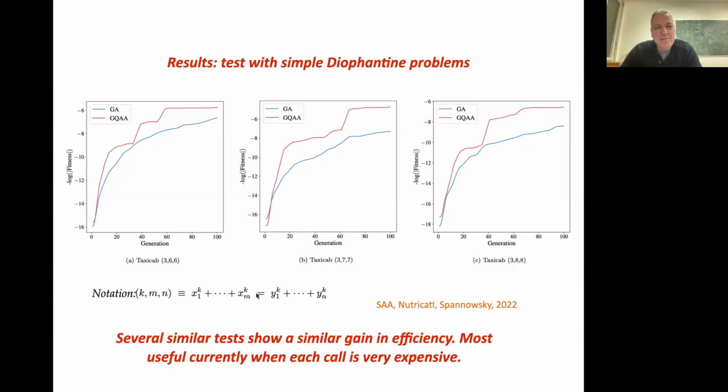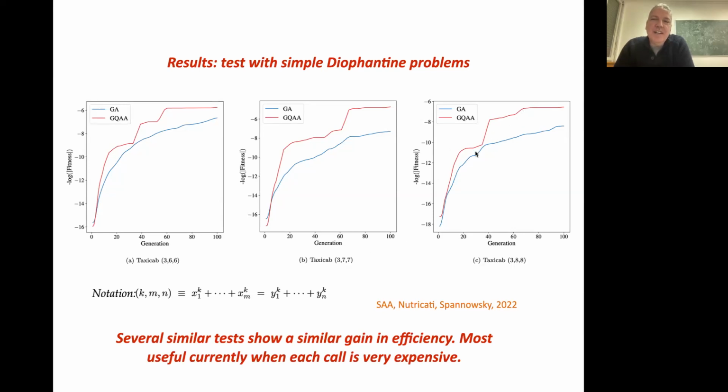So it's a sum of 8 different cubes: x1 cubed plus x2 cubed plus and so on up to x8 cubed is equal to y1 cubed plus up to y8 cubed, where the xs and the ys are not the same. This is the problem. They're called taxicab numbers when you get that, and this is just looking for solutions to that equation.